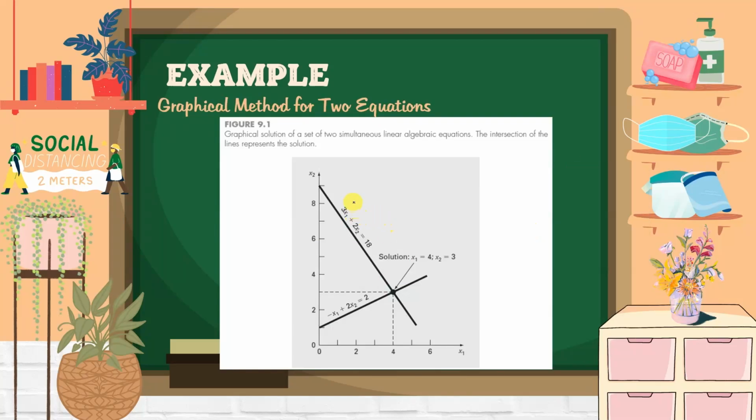You will see here how we have plotted our first equation. We have x sub 2 equals negative 3 halves x sub 1 plus 9. Simply starting from 0, 1, and 2, we will be able to plot our function in this form, a straight line.